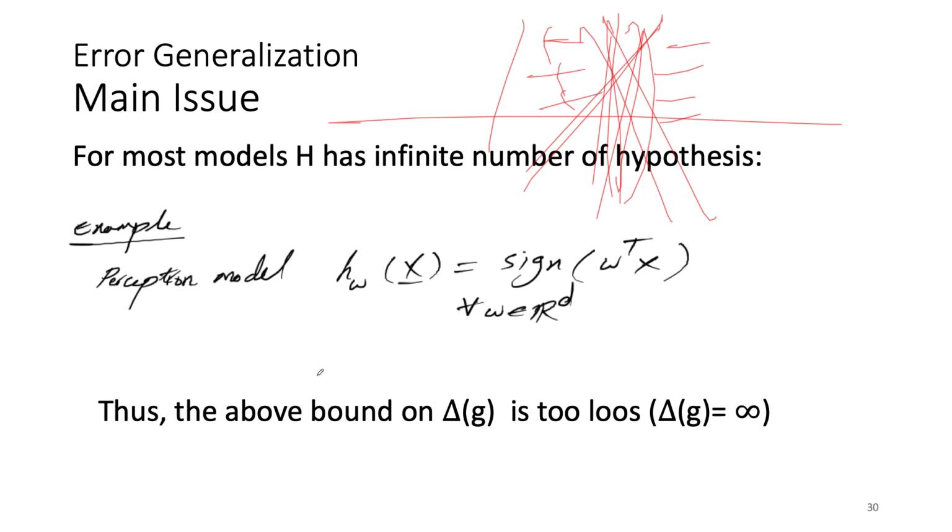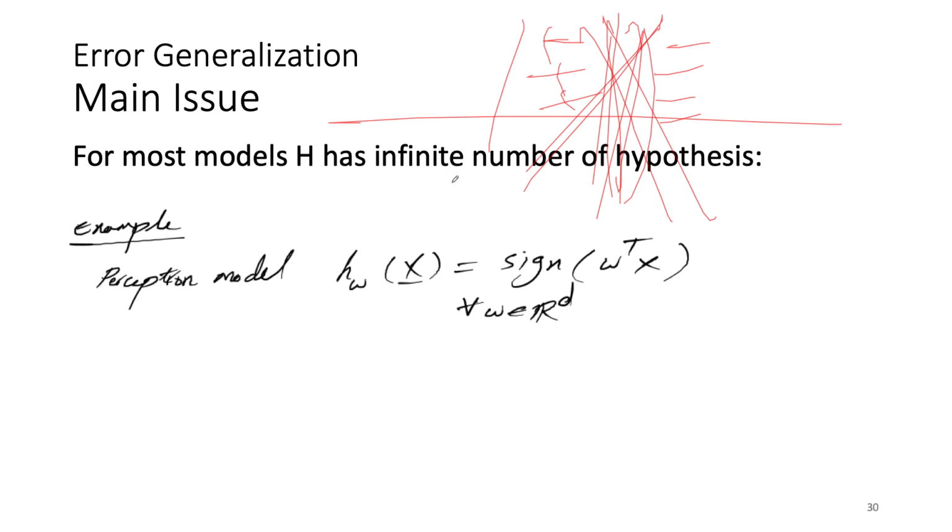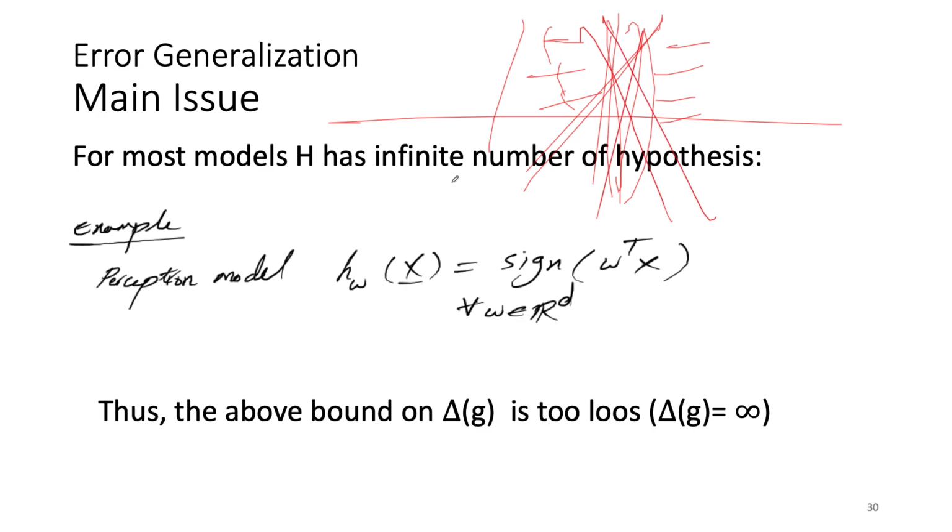And that was the issue. The perceptron is the easiest model, so expanding to more sophisticated models, you're going to see that for most models H has an infinite number of hypotheses. So choosing M would have a clear outcome on the training and test error.